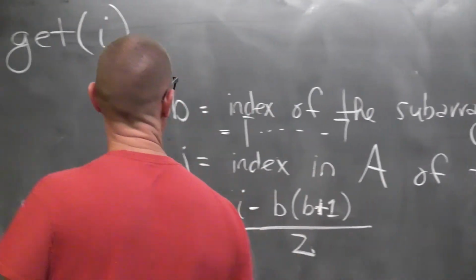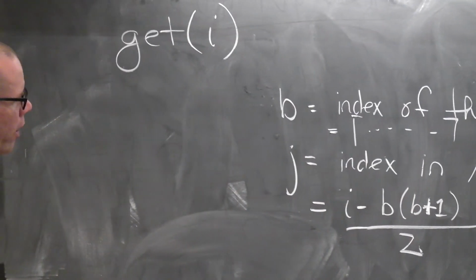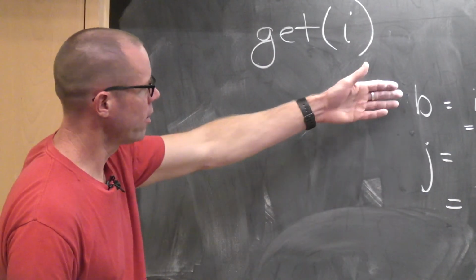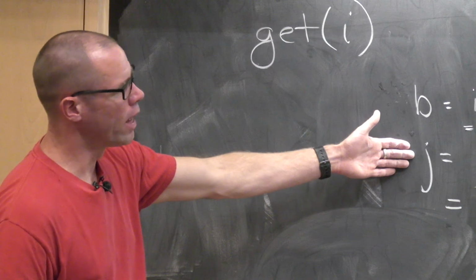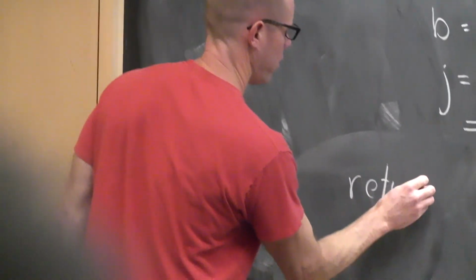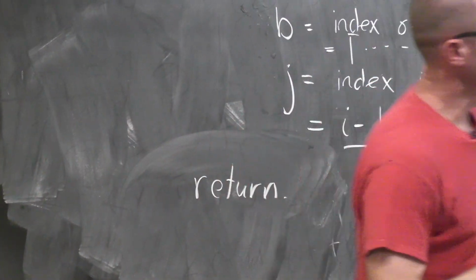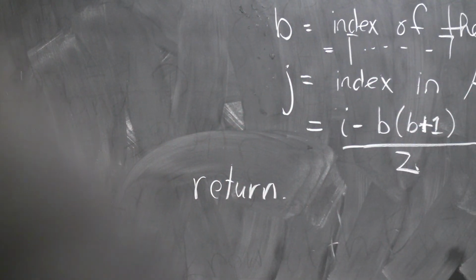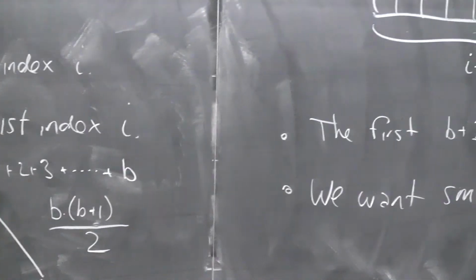So get i, basically the code is compute the value of b, compute the value of j, and now return. Did we give a name to this array? Let's call this one blocks.